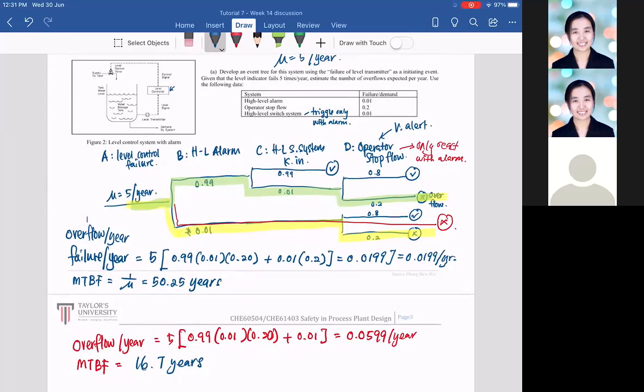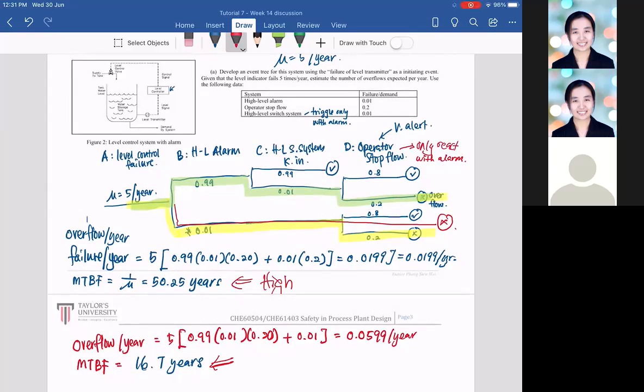So even for once in 50 years, this value is still high. And this is only by the change of assuming the operator doesn't really notice if there's an overflow coming up. If, for example, you have a fully enclosed tank where they will only see when it's overflowing, that's already too late.